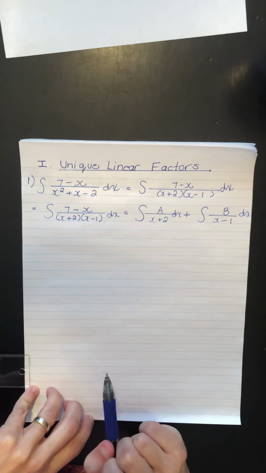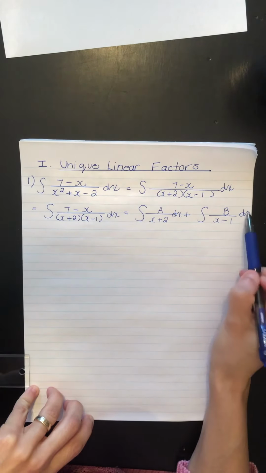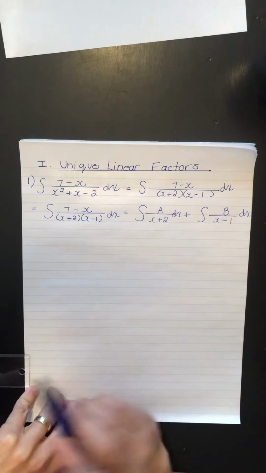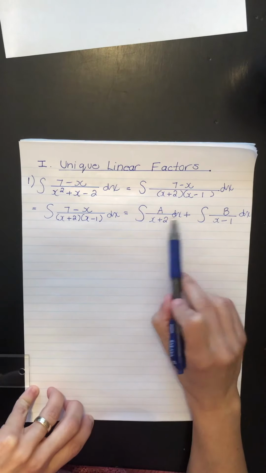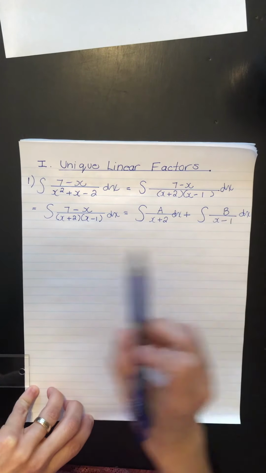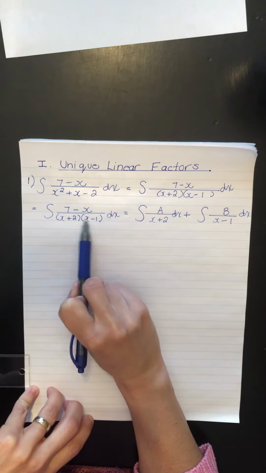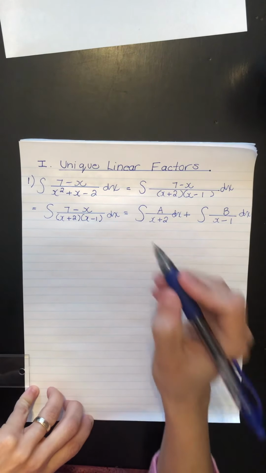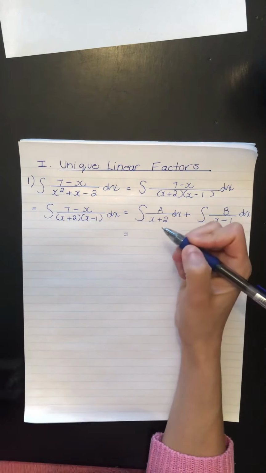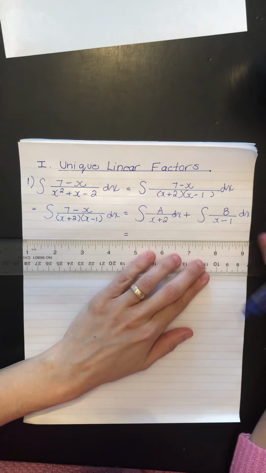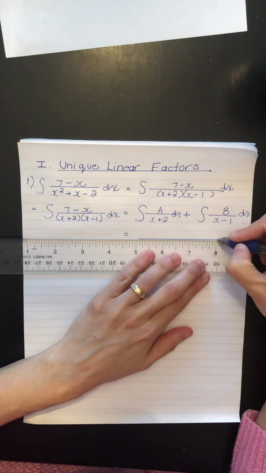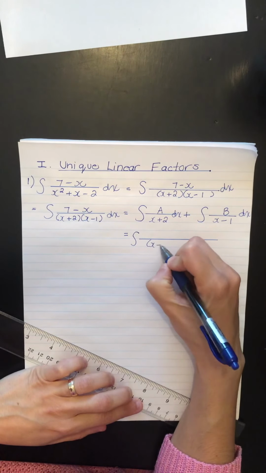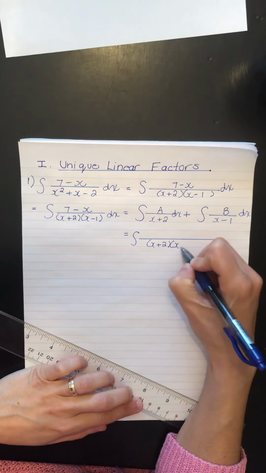At this point, we imagine moving this to a single fraction. So in other words, we're adding the 2 fractions together. We need this as our common denominator. So this means the numerator would be of this form.